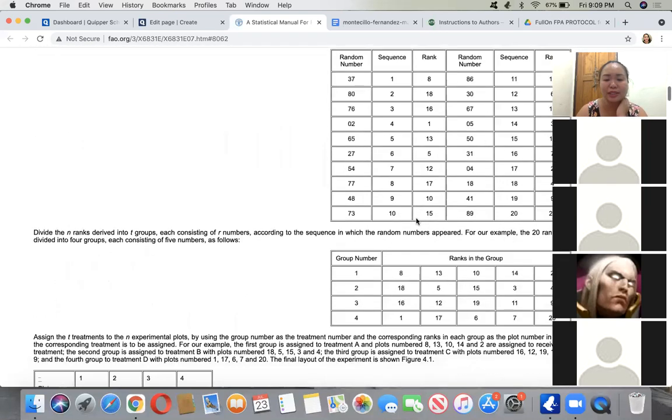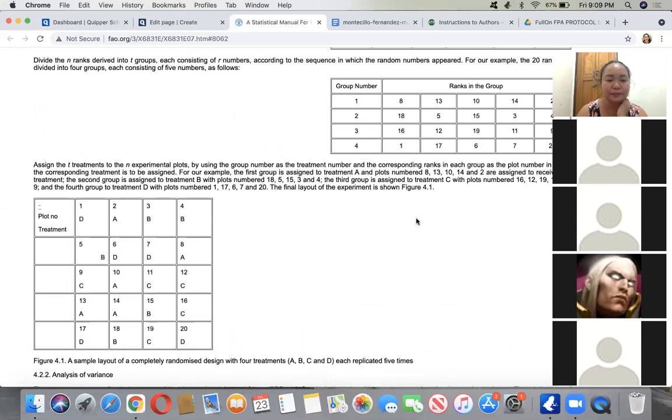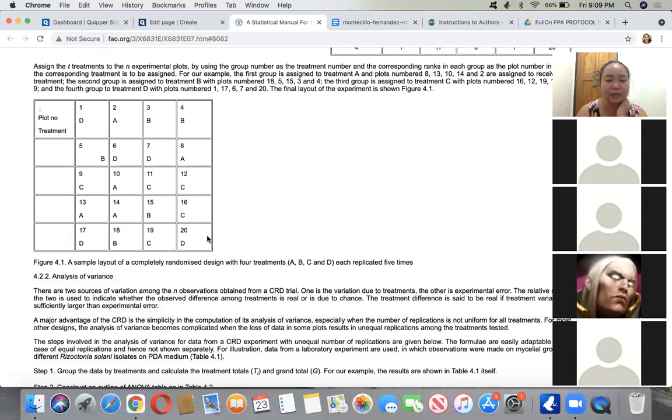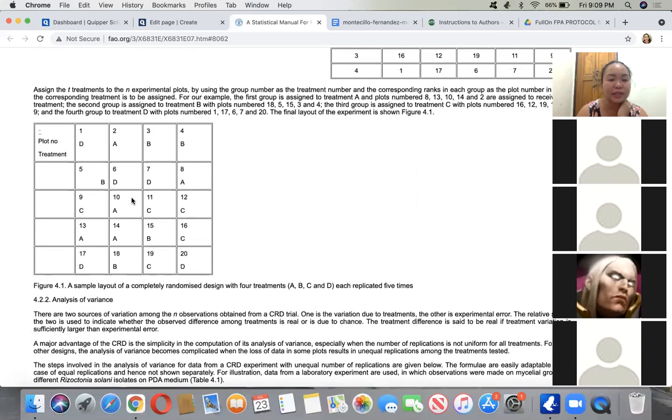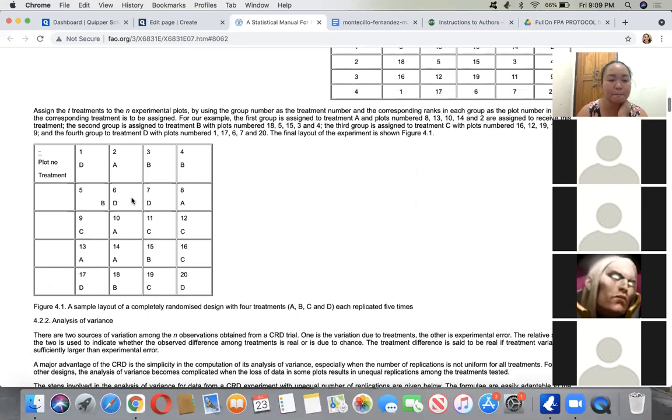So as you can see here, sample layout ng CRD. You have 20 na plots, no?